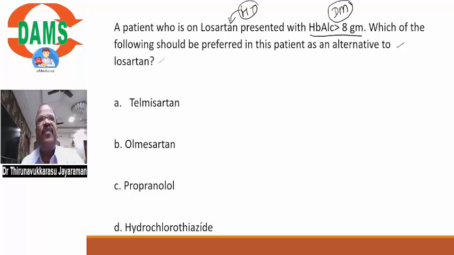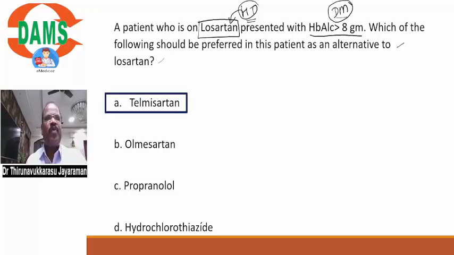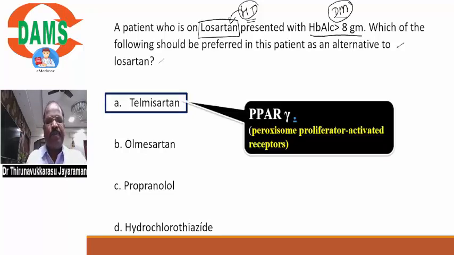So straightforward question. Patient having hypertension and diabetes. If you want a replacement of losartan, better go for telmisartan. Why? Telmisartan is also an ARB. The advantage it has is PPAR gamma agonistic action, that is peroxisome proliferator-activated receptor gamma agonism.